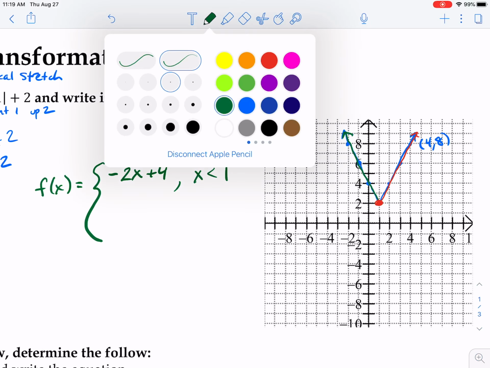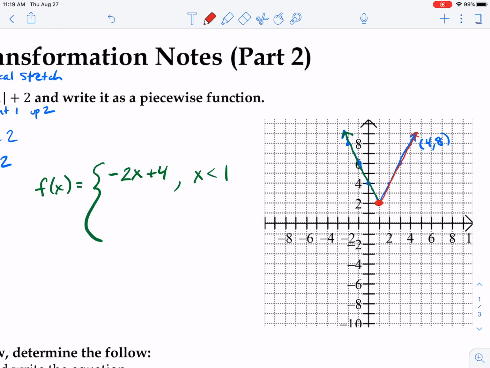Now to do the one in red, if I were to extend this, I need the y-intercept. If I follow the same slope, so say I'm here, then I go over 1 and down 2, and then over 1 and down 2, I would end up here. That's not part of my function, but it does show me my y-intercept.